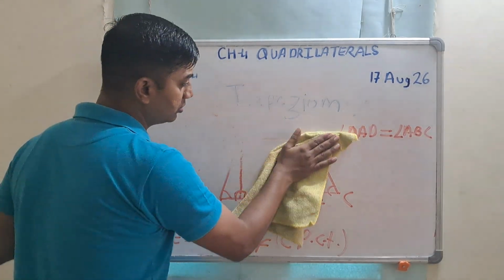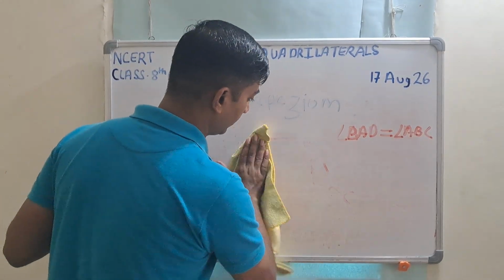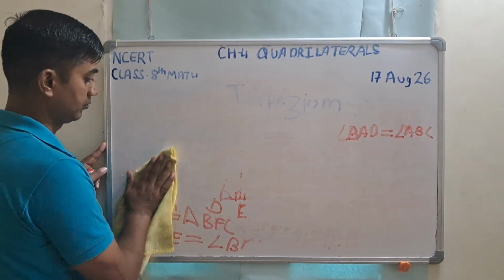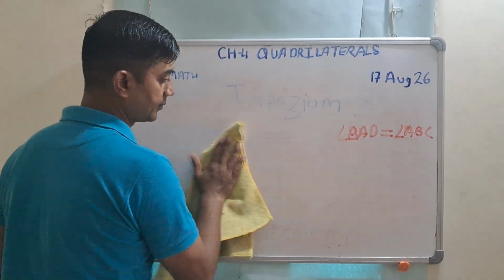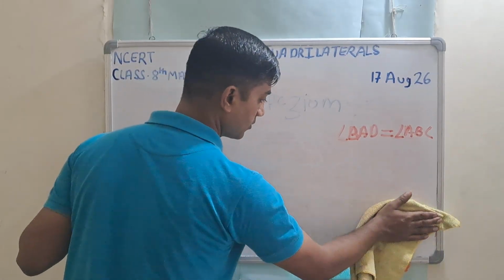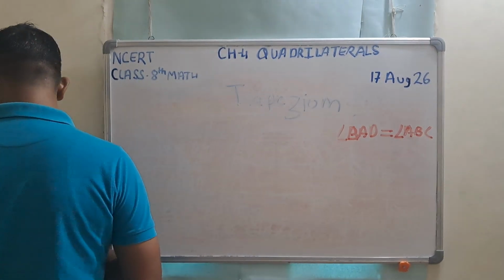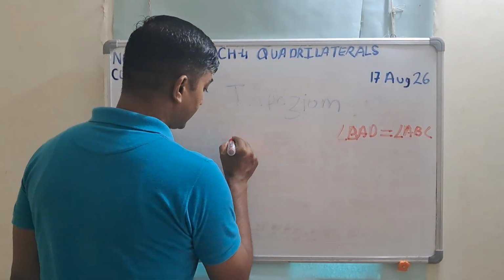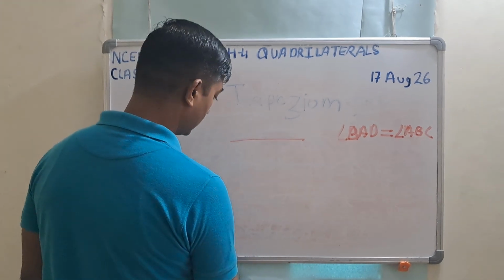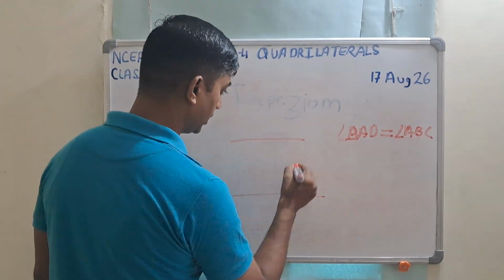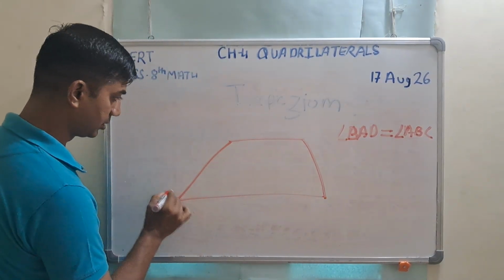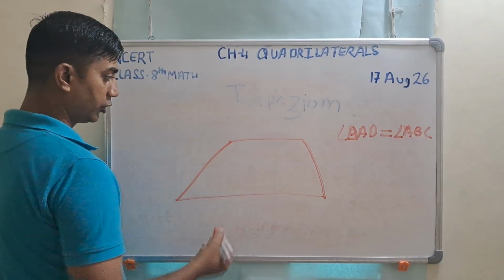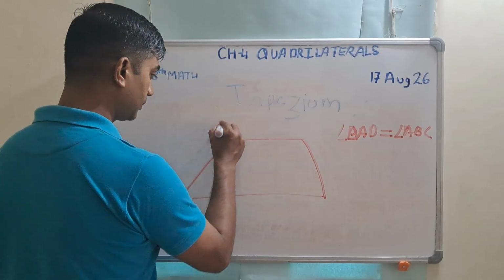What can we conclude about a regular trapezium? Suppose this is our regular trapezium, means the non-parallel sides are not equal.